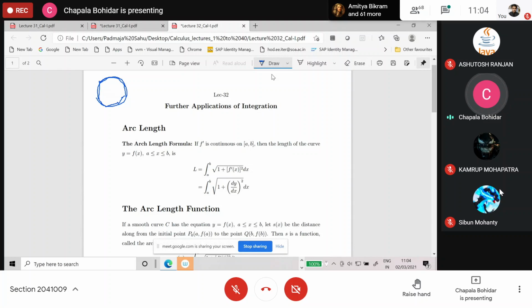If the number of divisions is more, then we get the equal arc length. So here, write down the definition of the arc length.